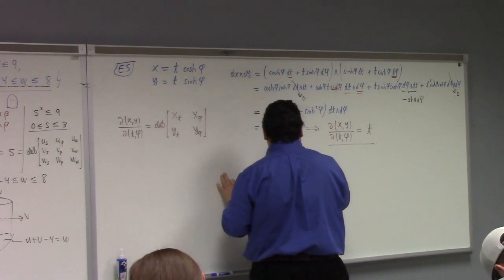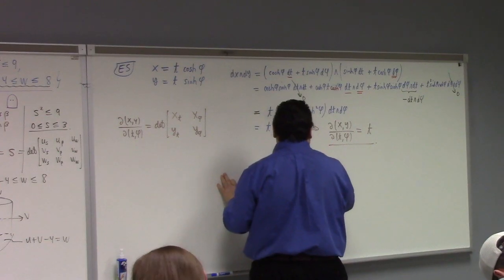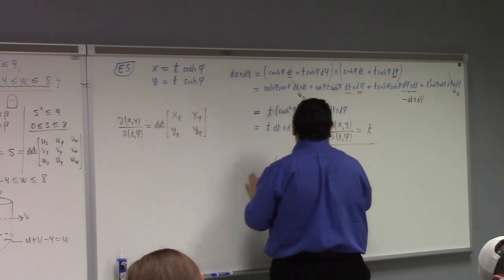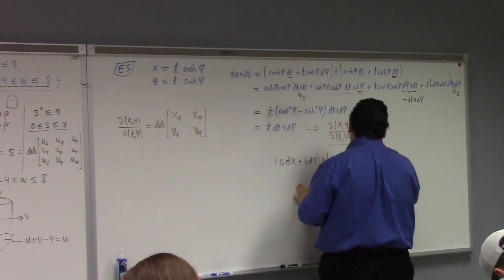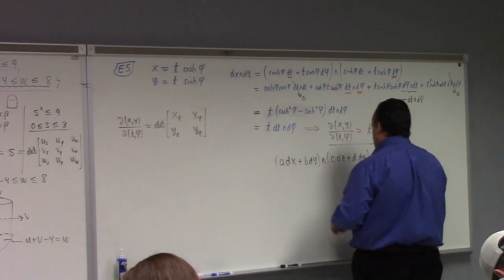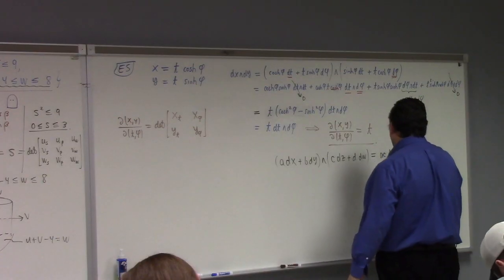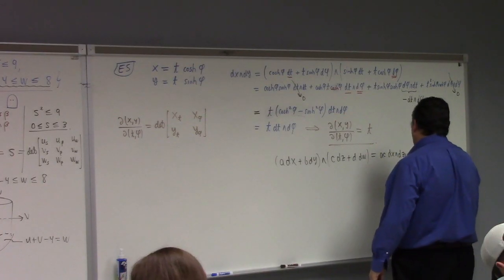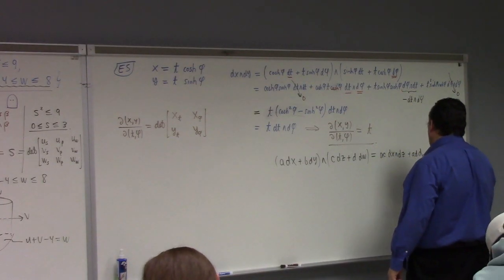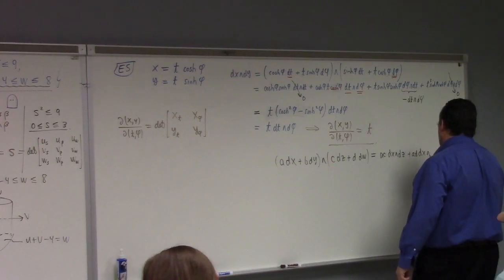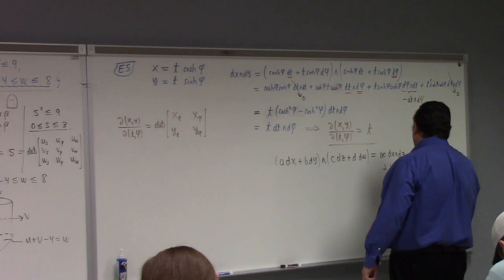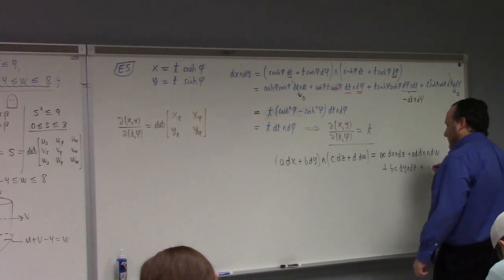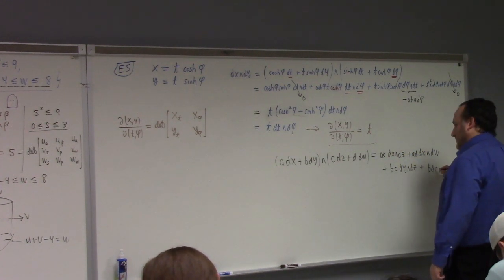If I have a dx plus b dy wedged with c dz plus d dw, the way that works out is a times c dx wedge dz plus a times d dx wedge dw plus b times c dy wedge dz plus b times d dy wedge dw.